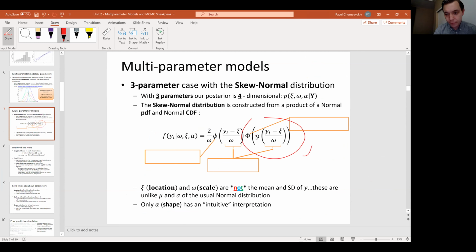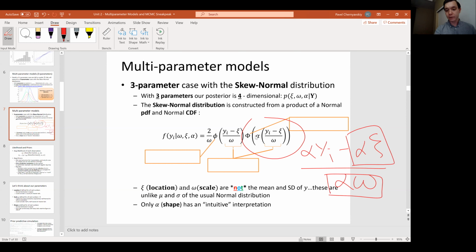this alpha parameter is basically interacting directly with your other parameters without interacting with the data. That is an example of when it will be hard to estimate alpha separately from Xi and estimate alpha separately from omega.